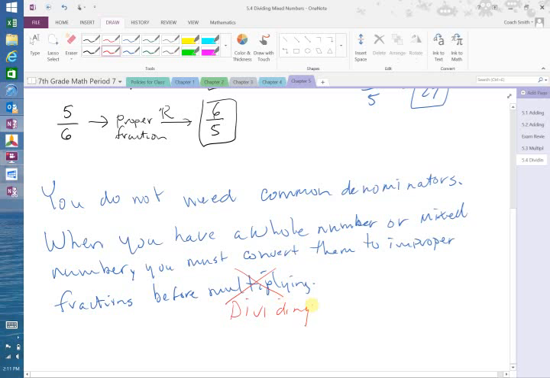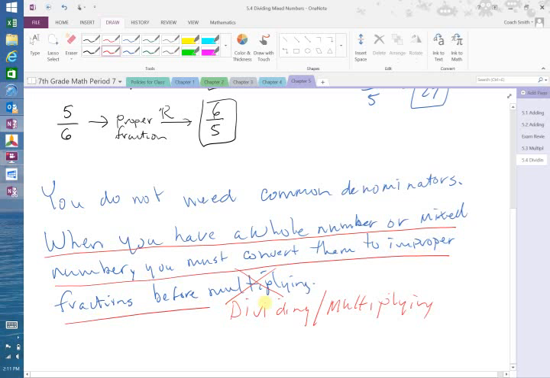But realistically, it is multiplying, and I will show you why. Okay? So, for emphasis, I have rewrote this part of the notes that we had yesterday.